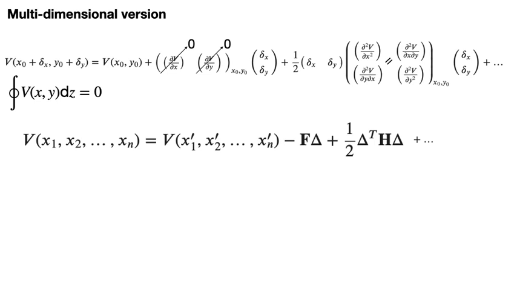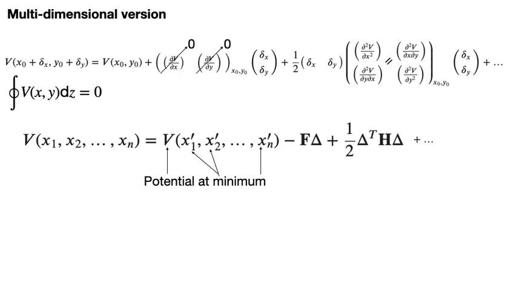In this expression, V of x1', x2' is the value of the potential at the minimum, which is located at x1', x2', etc. The x1', x2' are used to denote the coordinates at the minimum. Delta is then a vector that tells us how to move from the minimum in the potential to the point of interest, where we are evaluating the function.